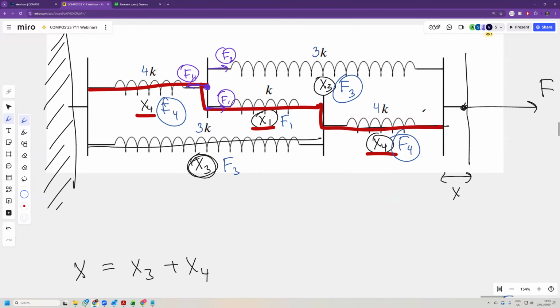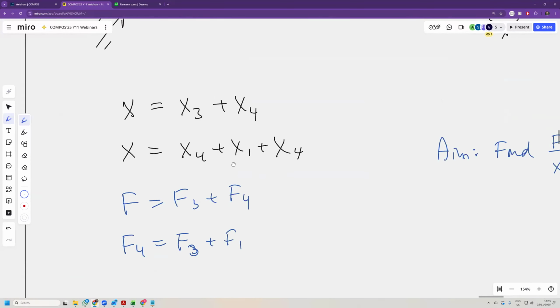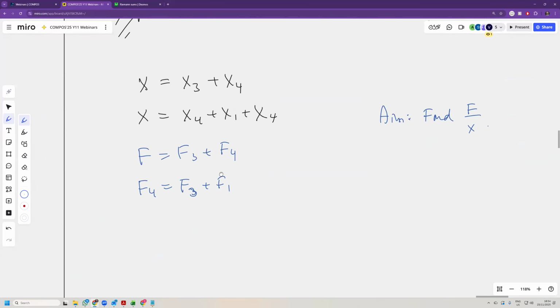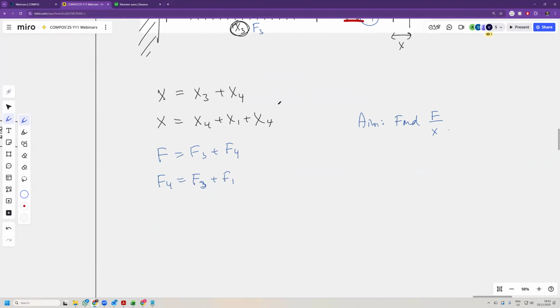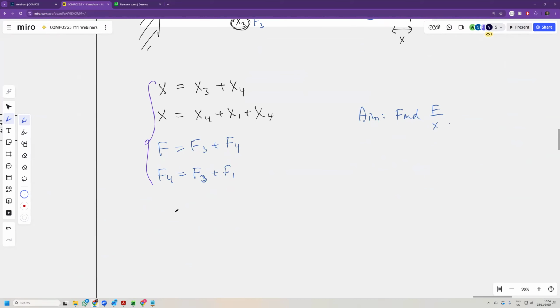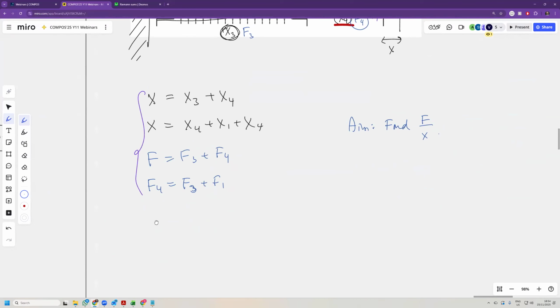And the same here. This point is in equilibrium. It's pulled by a force F this way. It's pulled by a force F3 this way. And it's pulled by a force F4 this way. I think we have enough equations. So let's solve basically these 4 equations. We need to solve them.